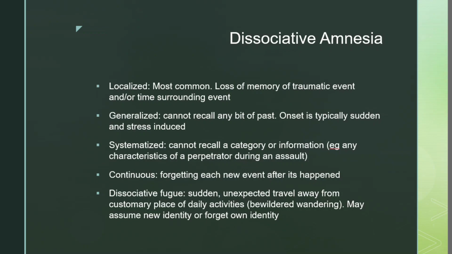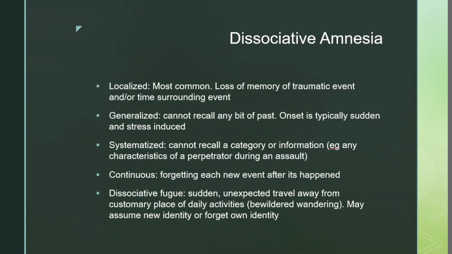This is like any characteristics of a perpetrator during an assault. So they remember the assault, they just can't remember the perpetrator. Then we have continuous amnesia, which is forgetting each new event after it's happened.